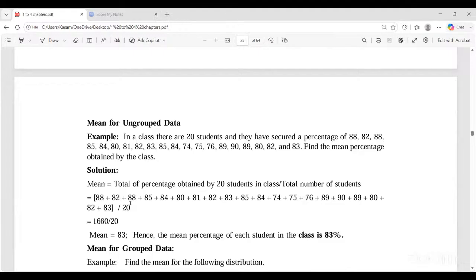Calculation of mean for ungrouped data. Once count the numbers, everyone tell me the total numbers.